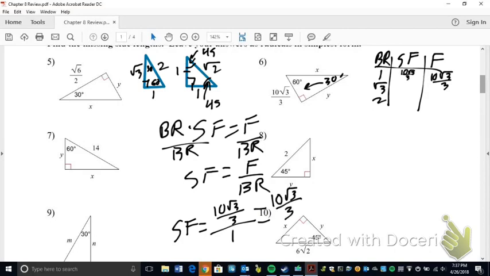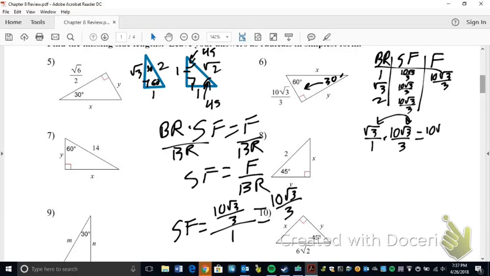Now your scale factor is always going to be constant. Okay, it's how much bigger or smaller this triangle is than our basic reference triangle. So here we are going to multiply square root of 3 times 10. Now, it's important to notice, if you have two numbers under the square root and they're multiplying or dividing by each other, you can do that.